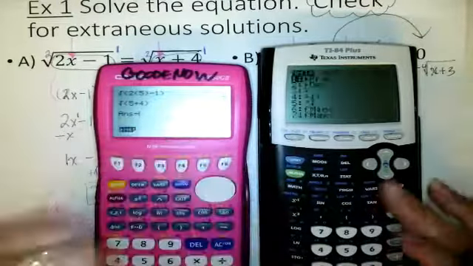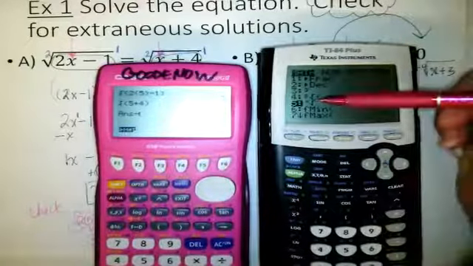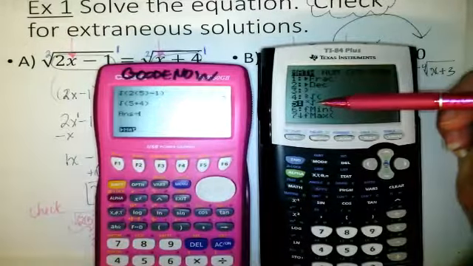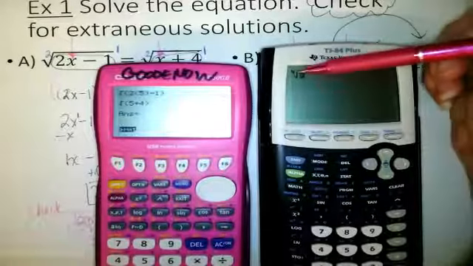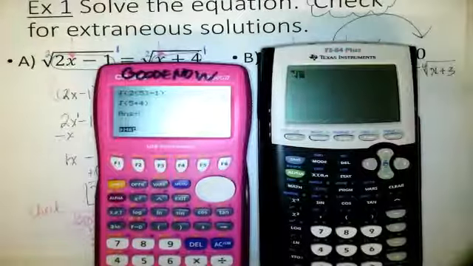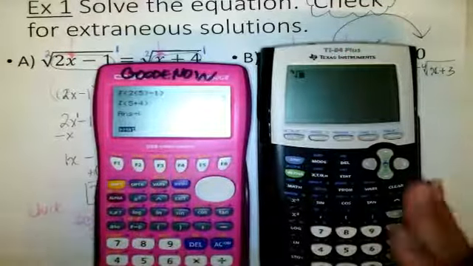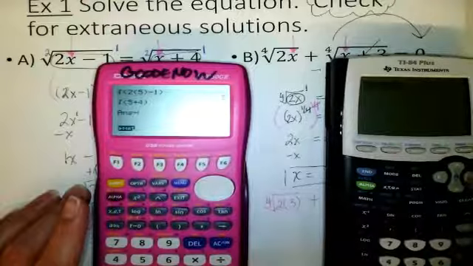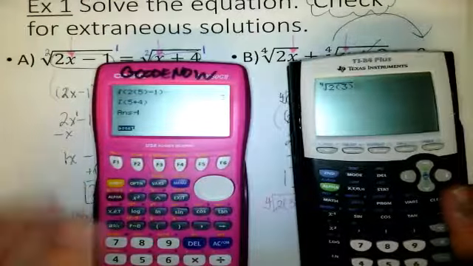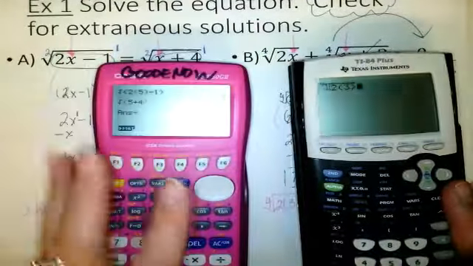You're going to go to the math menu and go down to, here we have the xth root. And so you put in the 4 and then select the xth root. And you can see mine just put the 4 right in. It depends on how new your calculator is. So we can do the fourth root of 2 times 3. And you can see on my TI, the 2 times 3 is under the radical. That's really nice.